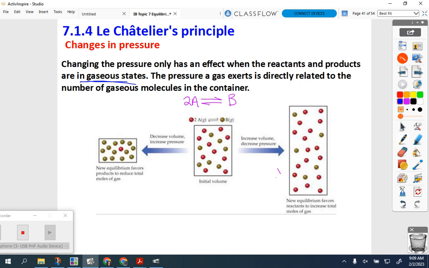Because if I have fewer moles of gas, then I have fewer particles, and that relieves some of that pressure increase. So if I am increasing the pressure, I'm going to favor the production of fewer moles of gas.